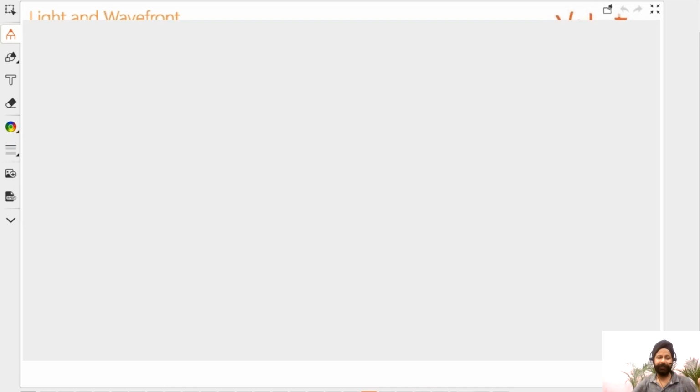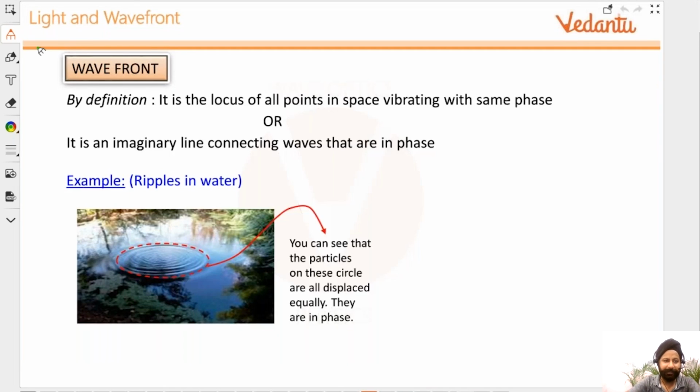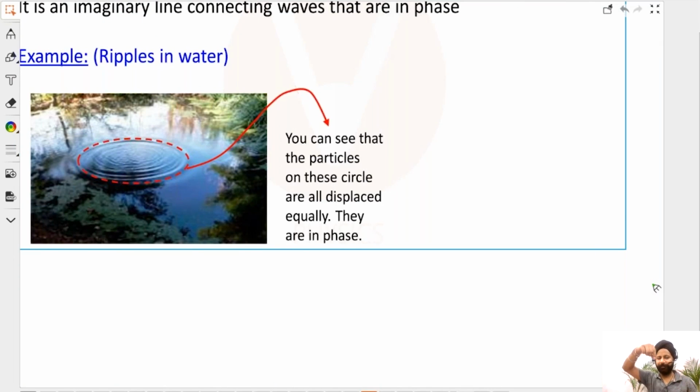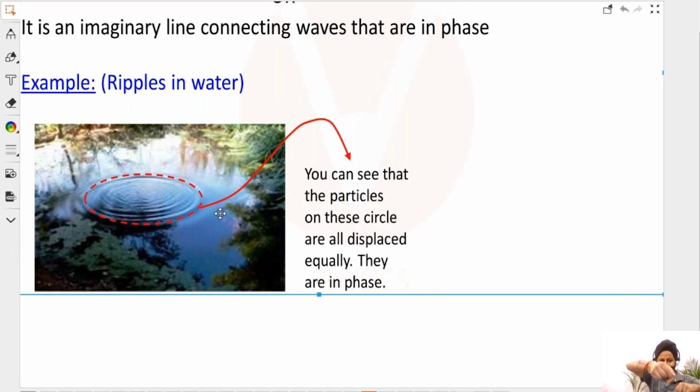So what is a wavefront? Like look at the ripples here. Maybe I'll zoom in. I'll try my best. Okay, ripples. Look at the ripples here. When you drop a pebble there, you see the kind of circular thing there, right? So if you look at one of the circles there, aren't these the particles going up together and coming down together? They're in the same phase. So let's actually not do this.